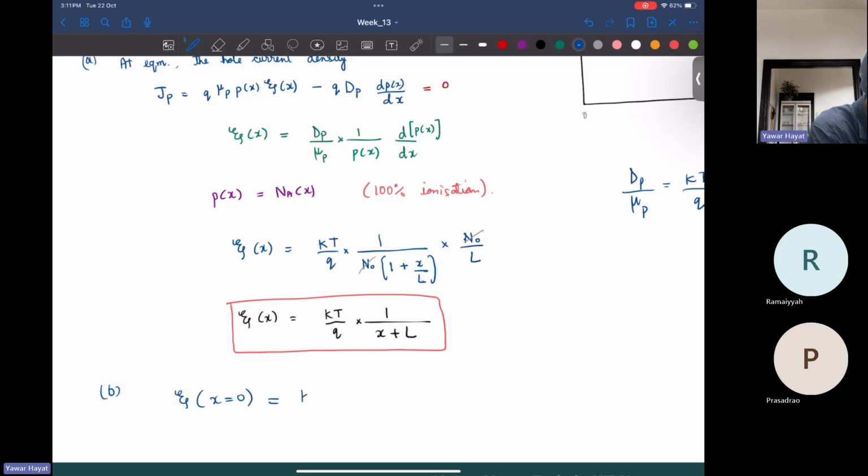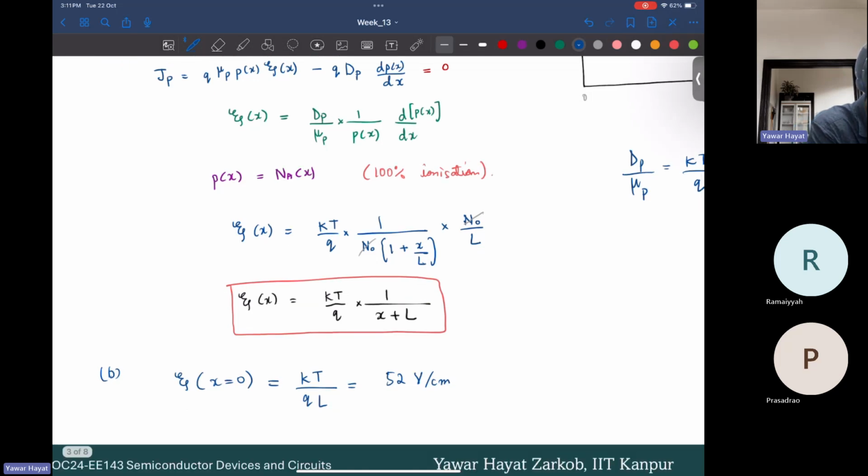This would be kT by QL, and that would correspond to, just do the math, 52 volts per centimeter. I want you both to verify this because I only have two students that have joined live. Okay, then what about the electric field at X equal to L?